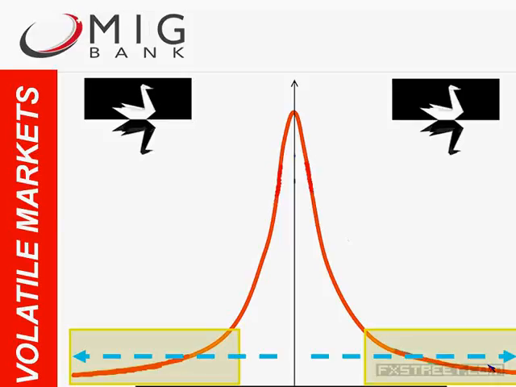Anything which is following this blue arrow to the left or this blue arrow to the right is extending into what we call fat tail territory. And that just basically means very, very big swings in the market, very high volatility, and what we know as market shocks. So things like the 2007 financial crisis, the technology crash, the 1987 crash, and so on.